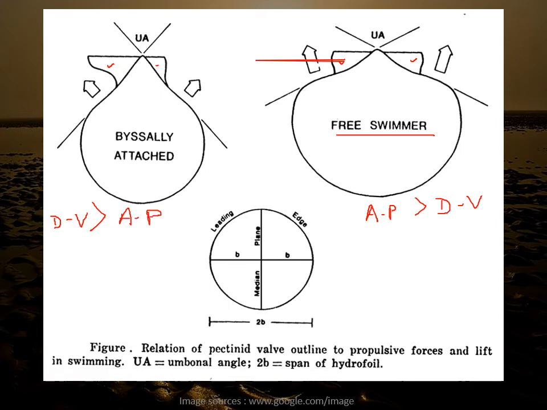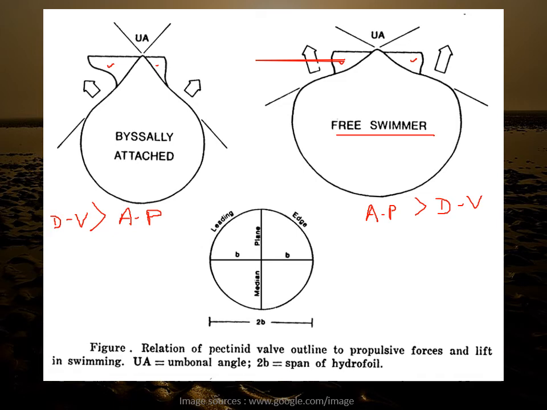When the anteroposterior length is greater, it has a much larger areal span, so it becomes a more effective hydrofoil, more able to float within the water body.